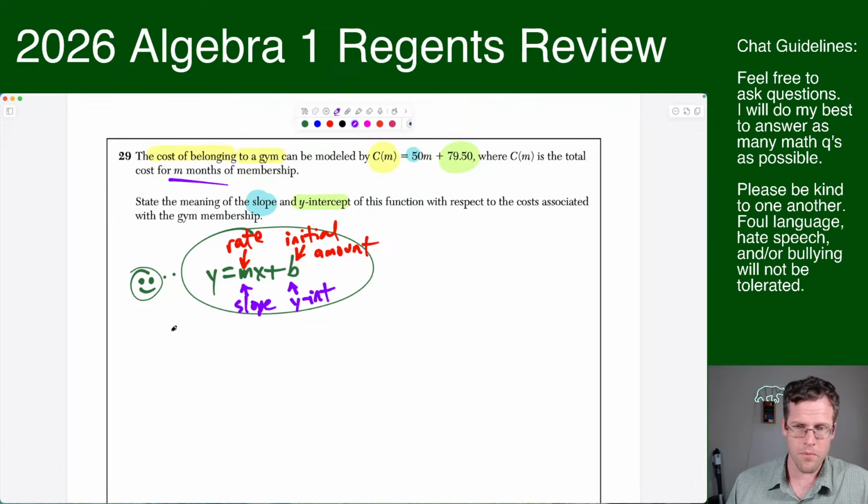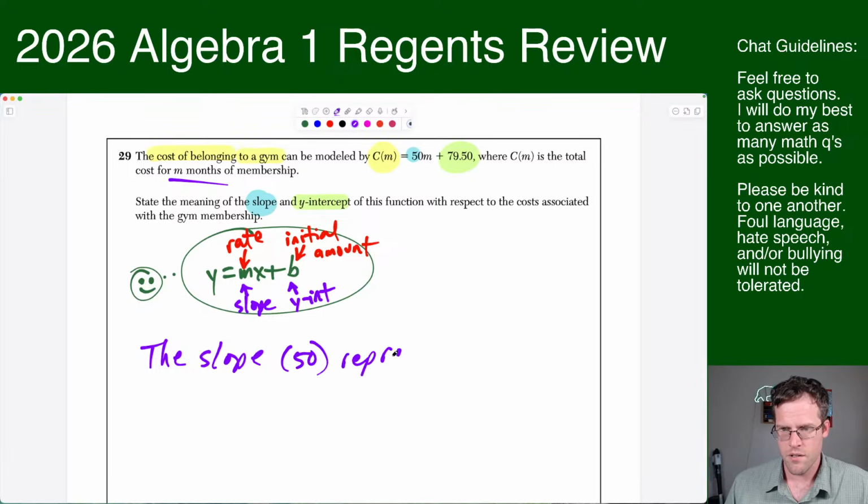So the slope, which is 50, represents the monthly fee.